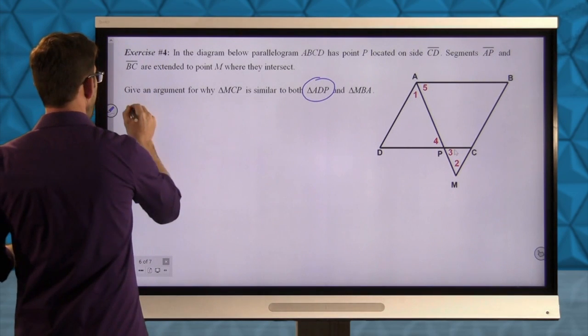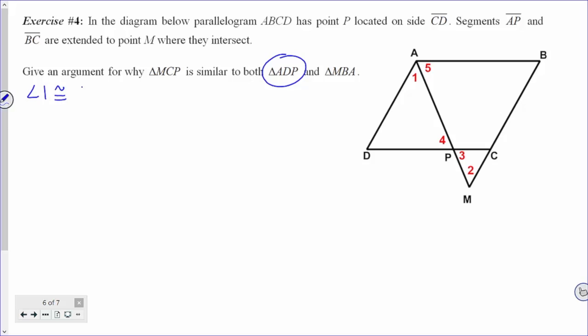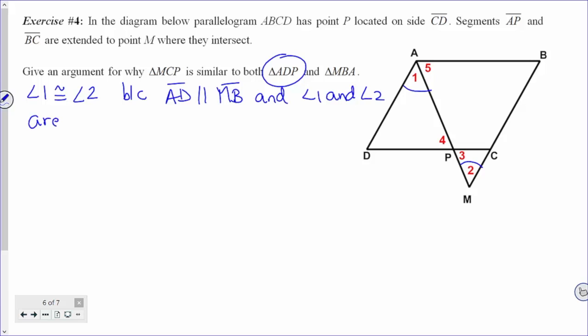Let's talk about why angle 1 must be congruent to angle 2. I claim that angle 1 is congruent to angle 2, and I can make that statement because AD is parallel to MB, and angle 1 and angle 2 are alternate interior angles.